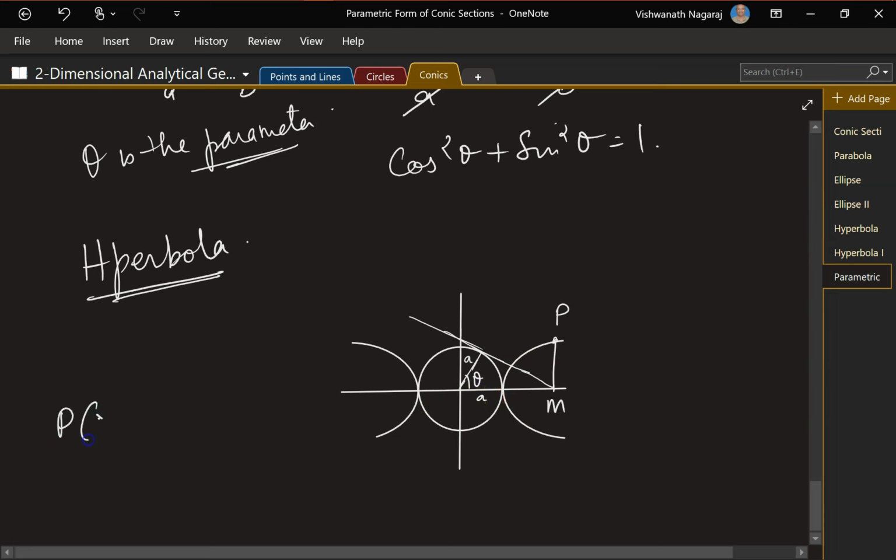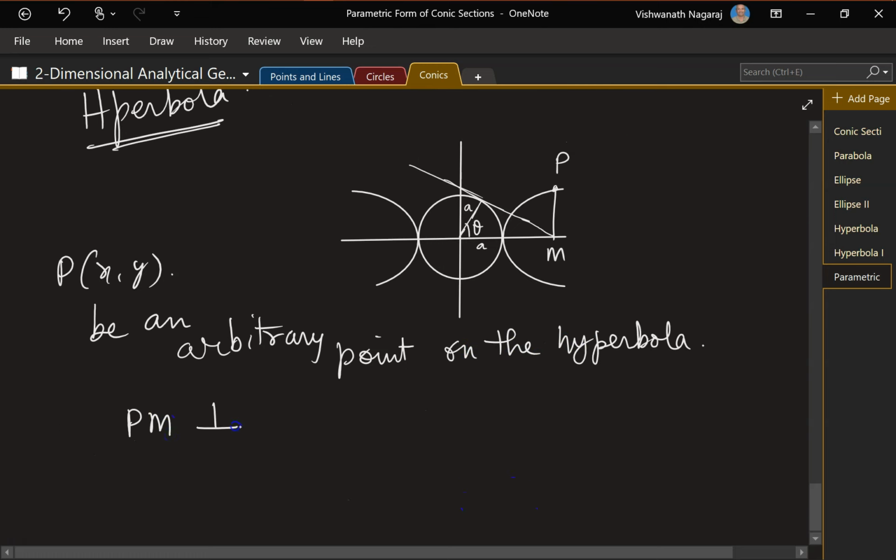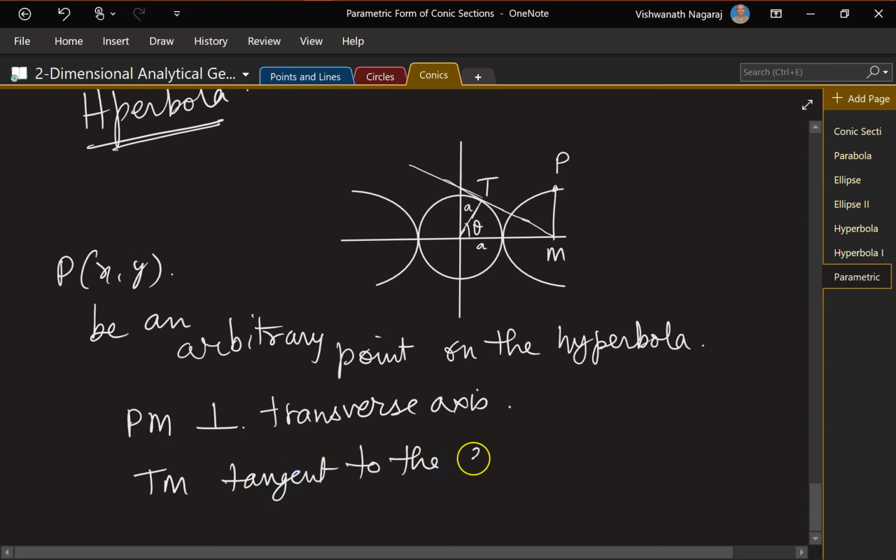So let P(X, Y) be an arbitrary point on the hyperbola. PM is perpendicular to transverse axis. Let us say this is T. So TM is tangent to the auxiliary circle. That is, circle is x square plus y square equal to a square.